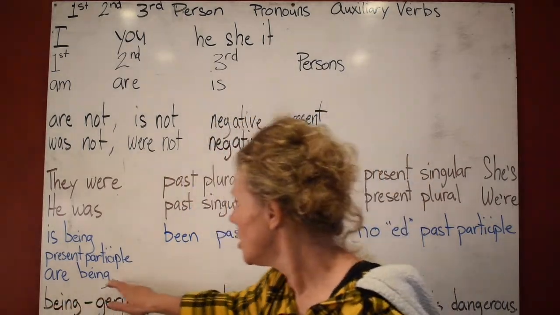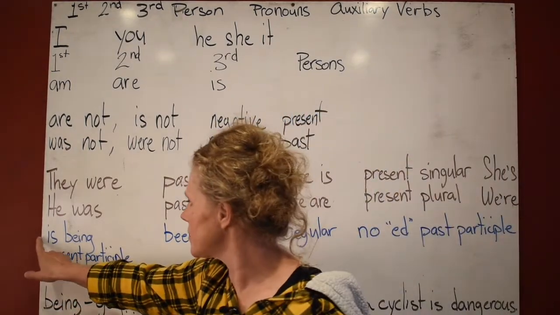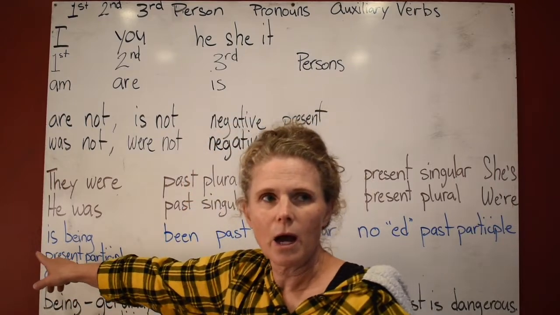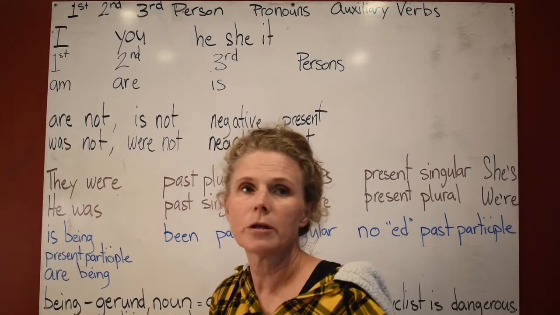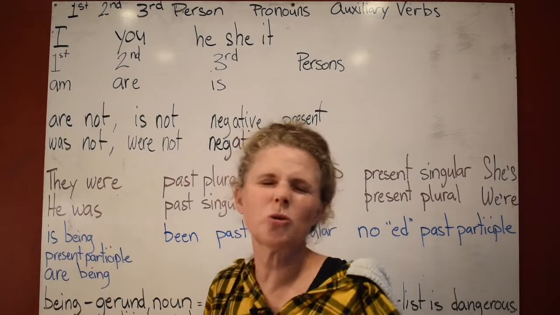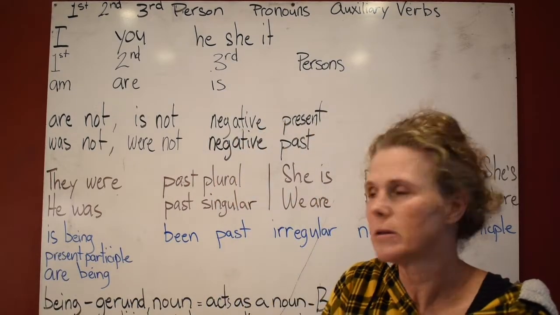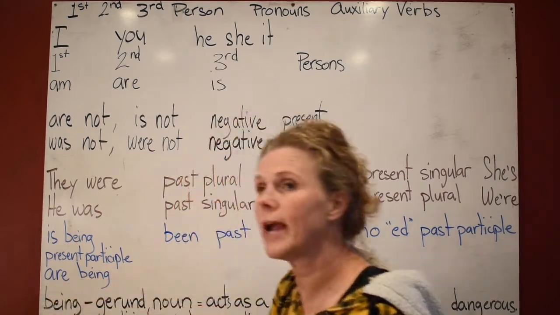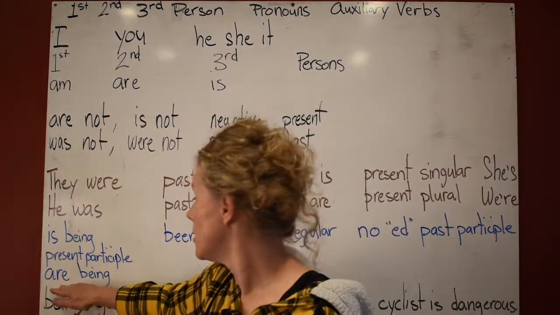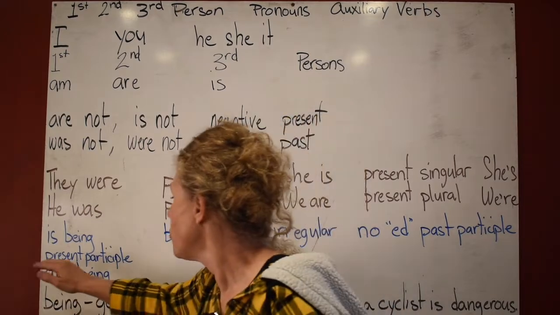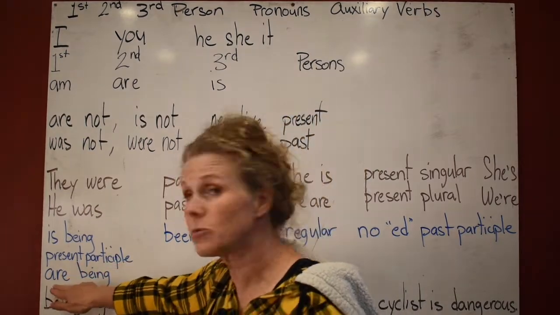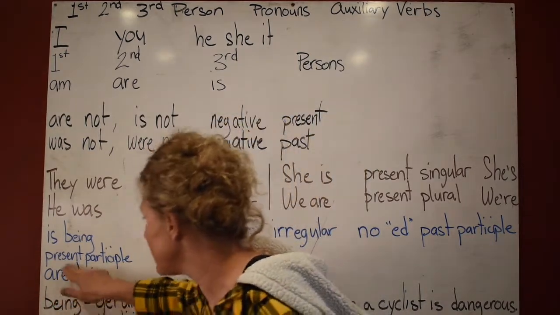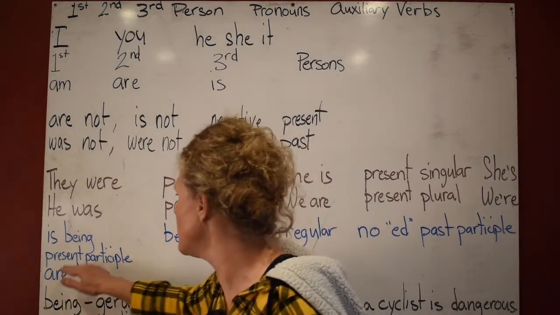Just use a singular subject for this, and just do a pronoun. He is being. Okay, how about this, Paul? Do a pronoun and use plural right here. They are being.